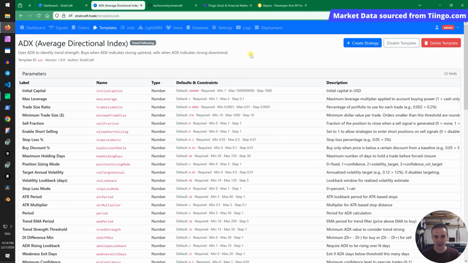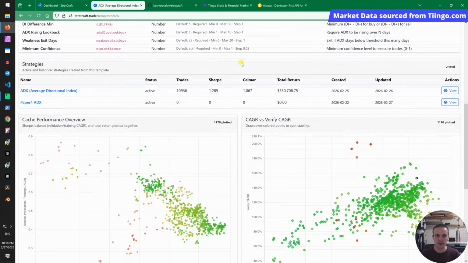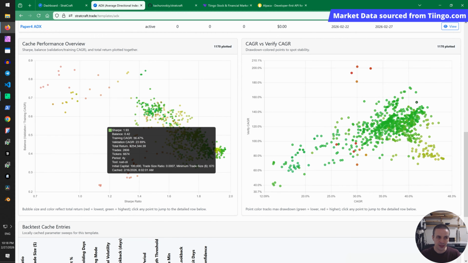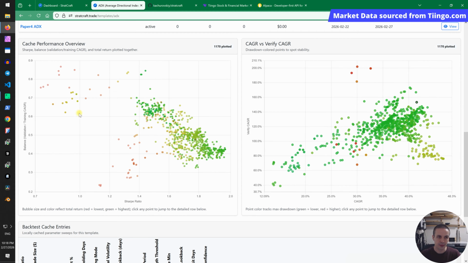On the template page, there is also a lot of very interesting information. Here you can see we have charts showing how our Sharpe ratio grows, but that increases the disbalance during optimization. And here on the right, you can see how cumulative return is correlated with higher cumulative returns in verification.